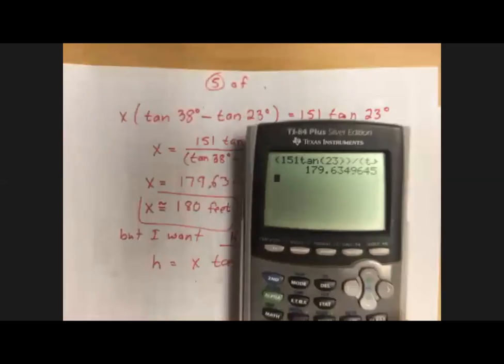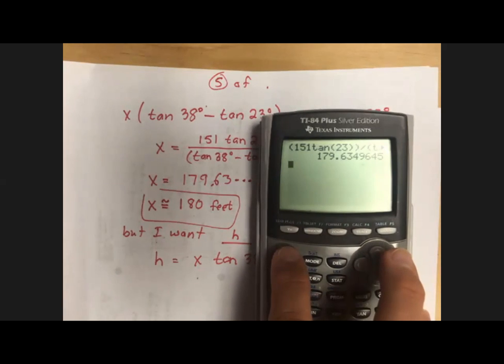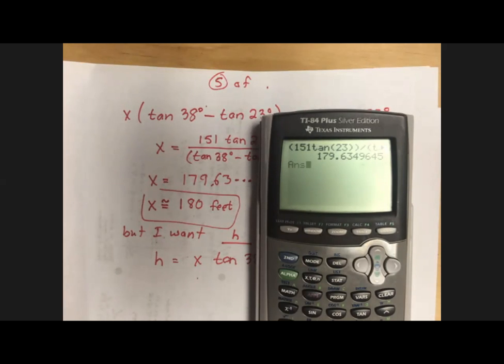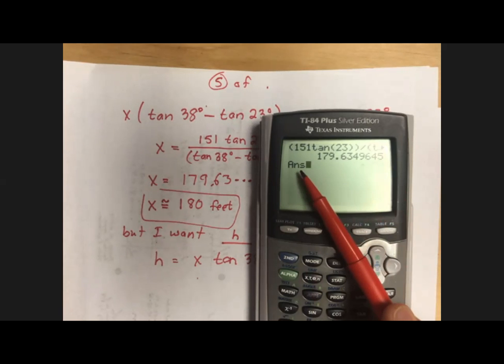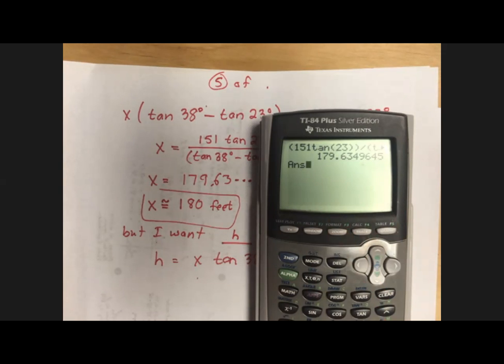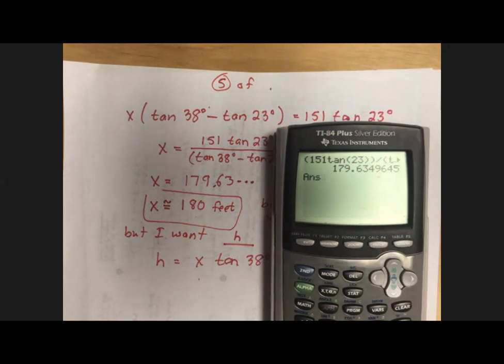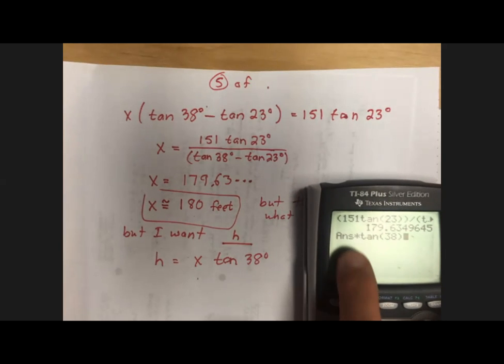What I could do is type this blue modifier key and then ANS, second function ANS. And what happens when you do that is the calculator retrieves the last answer that it gave you and puts it right there. It doesn't type it, but it takes that number and puts it right there. Now I will multiply by tan 38. And what am I feeling? I'm feeling very good because I used every single digit I could. I won't write the answer with every single digit.